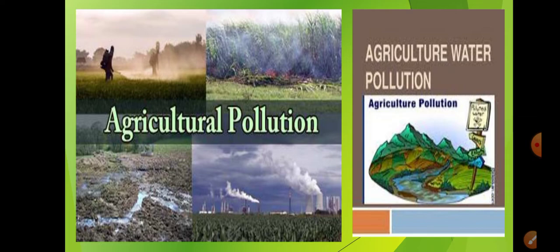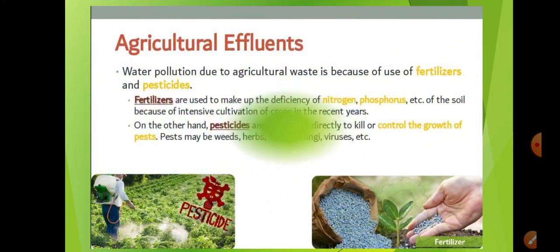Now talking about agricultural pollution, you all know very well that when agriculture is practiced, the farmers use fertilizers and pesticides so that they can keep their crops or their farm in a proper manner.